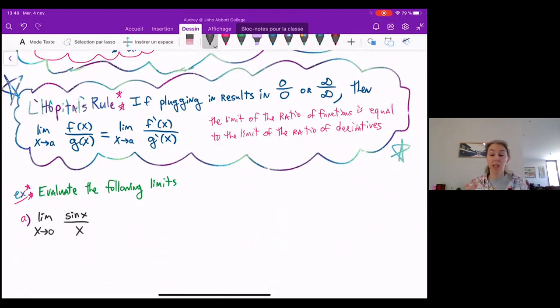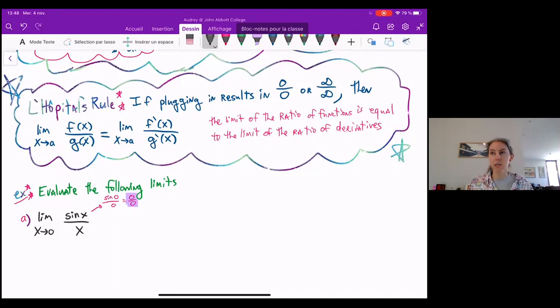So the first thing that we need to do if we want to apply L'Hopital's rule is plug in. And that's really the first thing that you should do anytime you see a limit ever, is to plug in. And when I plug in here, I get sine 0 over 0, which is 0 over 0. So that is one of the two indeterminate forms that allows me to use L'Hopital's rule. So that's good, we got it, which means that we're allowed to apply L'Hopital's rule.